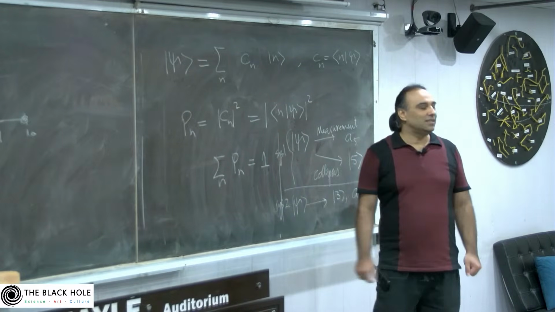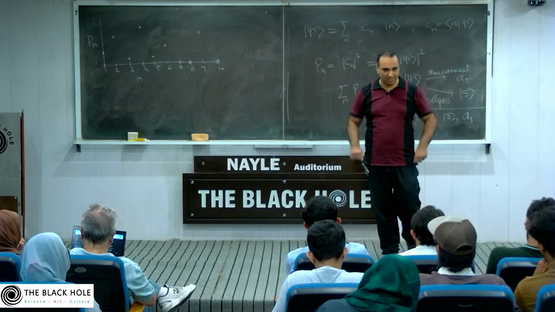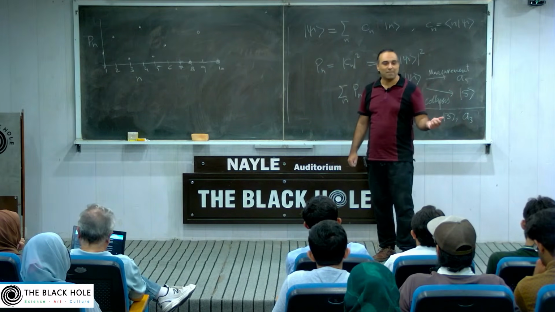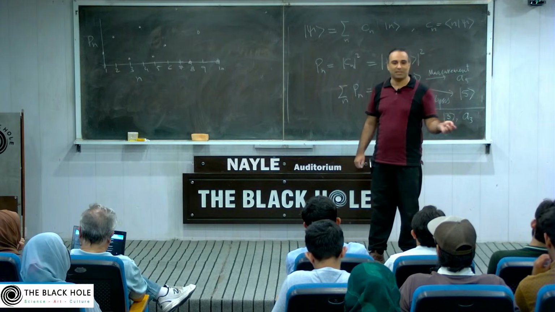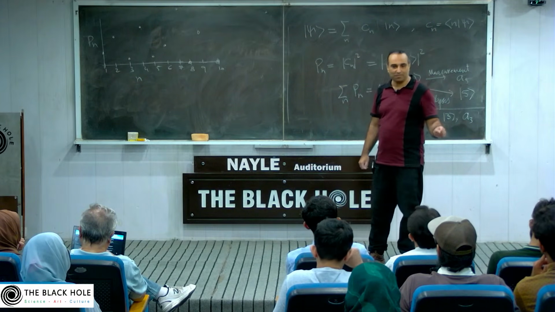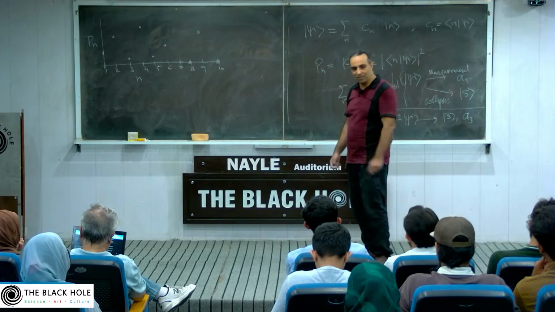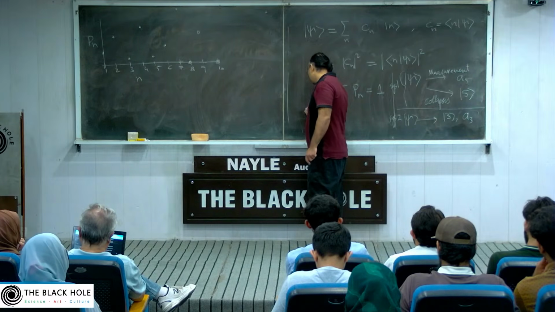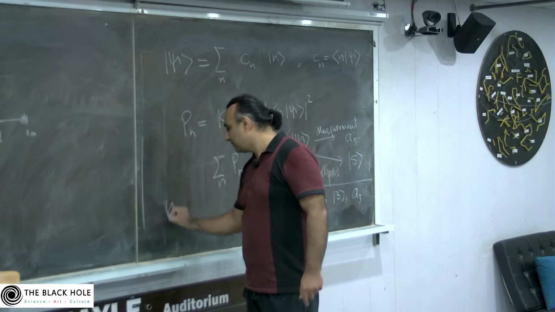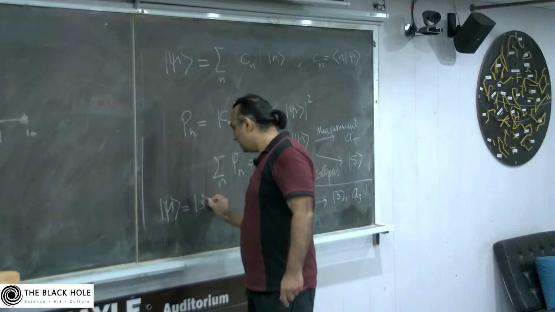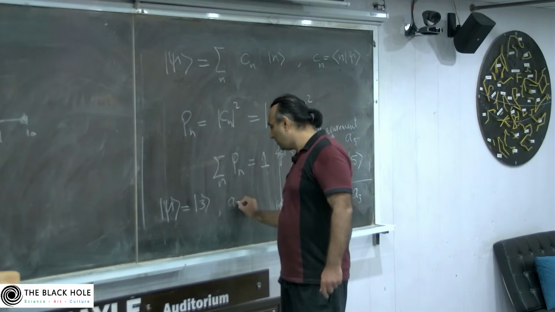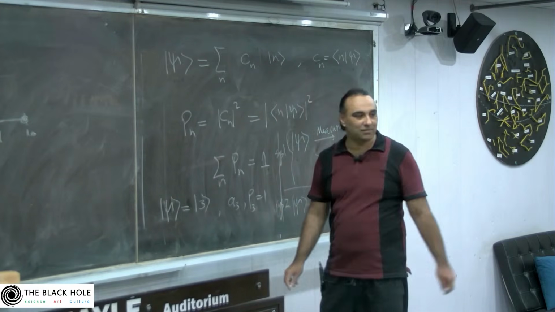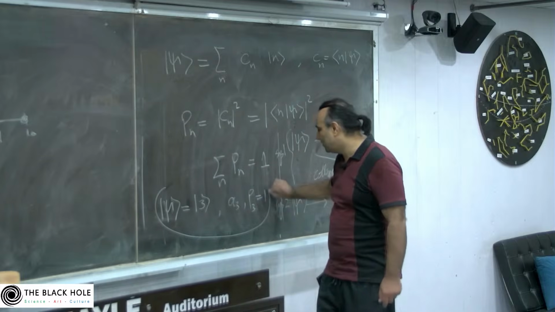That would mean that if you have a statistically large ensemble of such systems in such states and you perform your measurement, you are certain that you will get that. So experimentally you will always get the same thing. You will always get the same eigenvalue. Suppose it's A3. If this is this, then you will always get A3 with probability equal to 1 and nothing else.